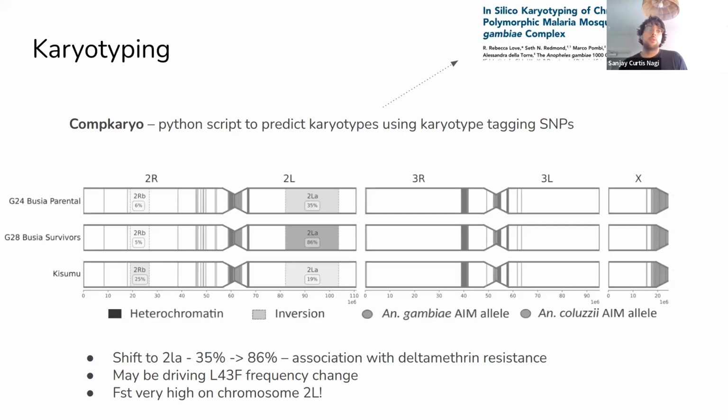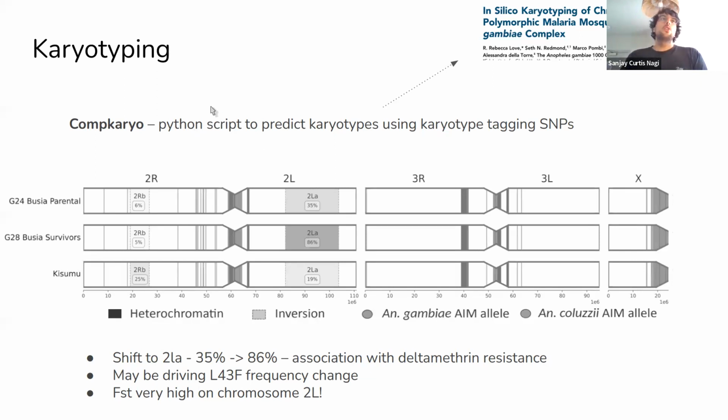For example, the 2LA inversion, found here on chromosome 2L, was found to be important for desiccation resistance and aridity tolerance, and more recently has been found to potentially be involved in Plasmodium infection and also in insecticide resistance.